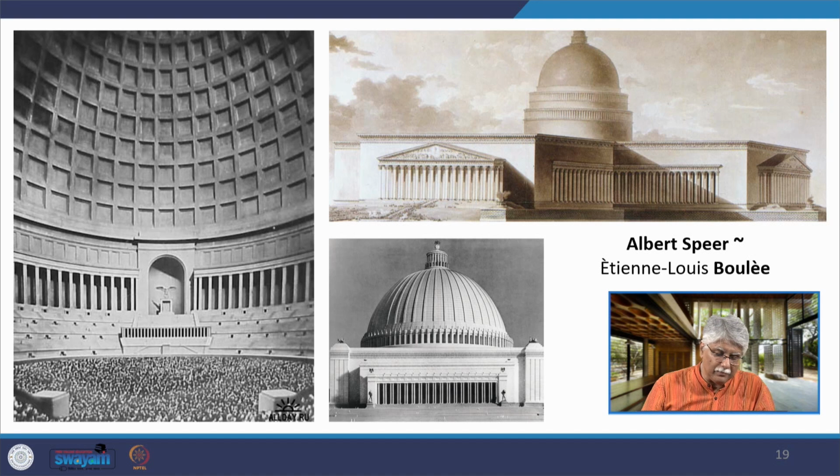Or for example, the buildings that Albert Speer thought of for the capital that Hitler had envisioned. You can see this is the vision inside, these are the human scale, and it is mega monumental like that of Boullée. There is actually a visionary building by Boullée which is very similar to the one envisioned by Albert Speer.